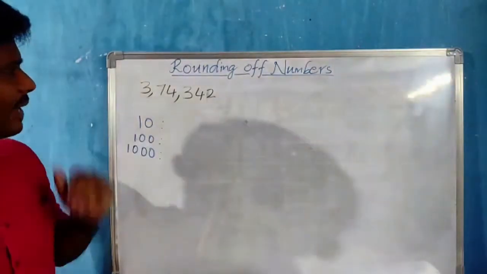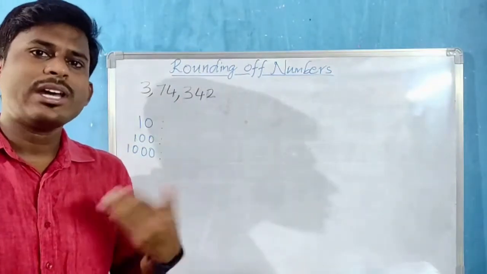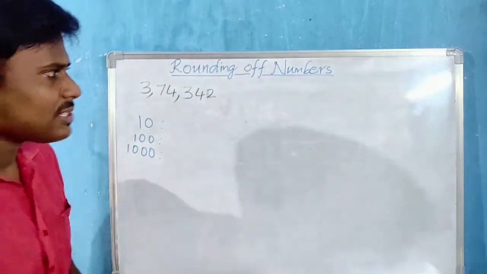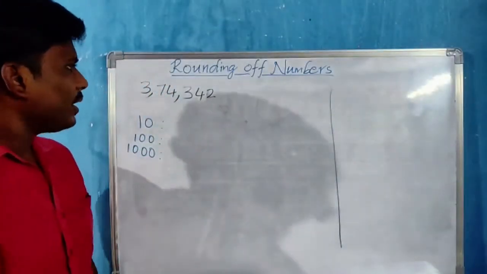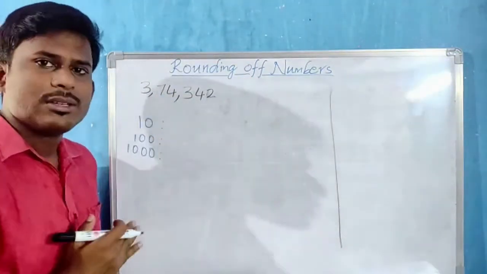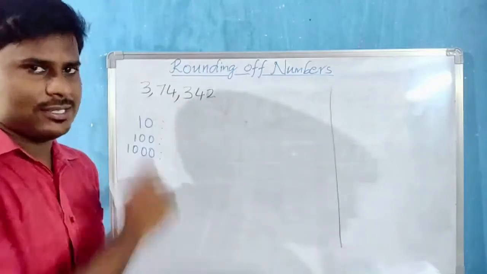Now after finding the rounding digits, next, how do we round off to the nearest tens, hundreds or thousands? There are some rules. See here. First of all, let us take this number. See, we have to round off this number to the nearest tens.